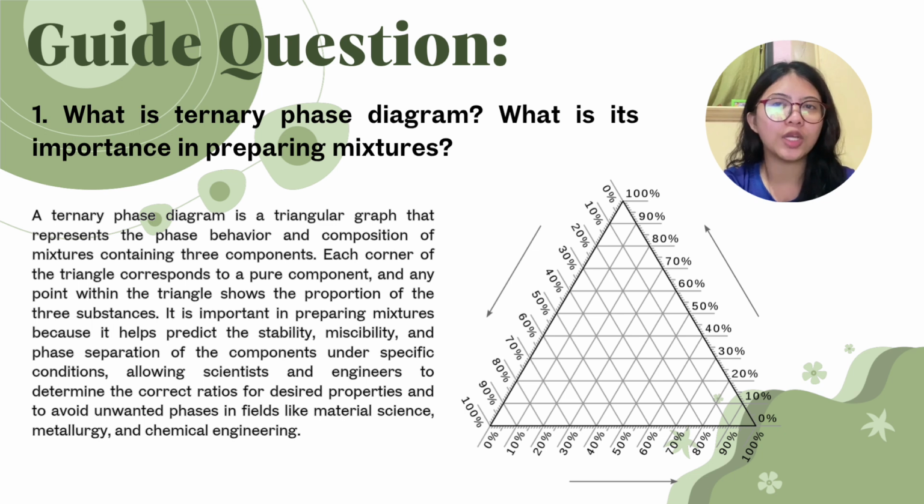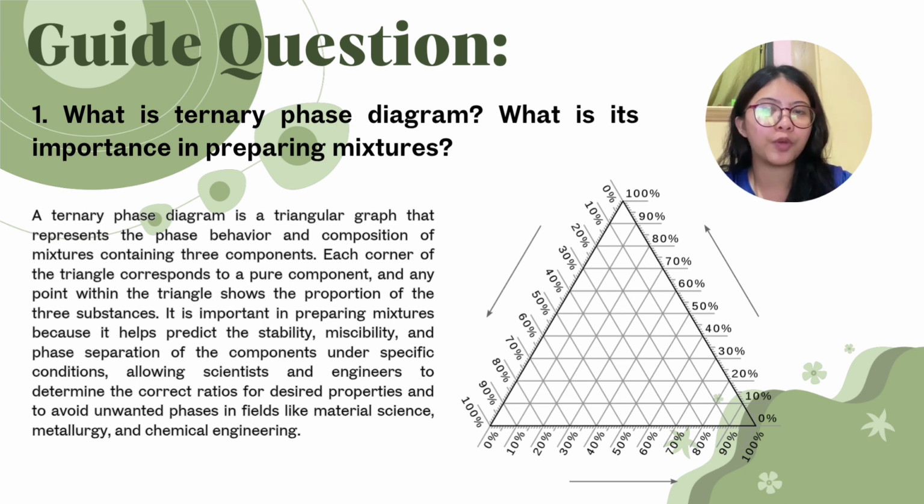For our guide question number 1, what is a ternary phase diagram? What is its importance in preparing mixtures? A ternary phase diagram is a triangular graph that represents the phase behavior and composition of mixtures containing 3 components. Each corner of the triangle corresponds to a pure component, and any point within the triangle shows the proportion of the 3 substances.